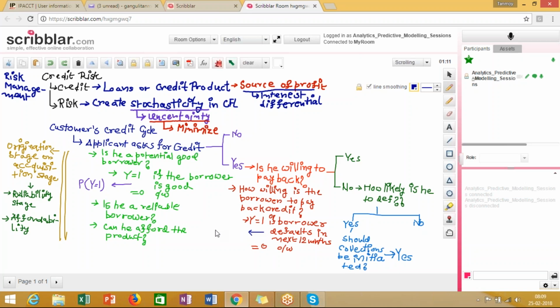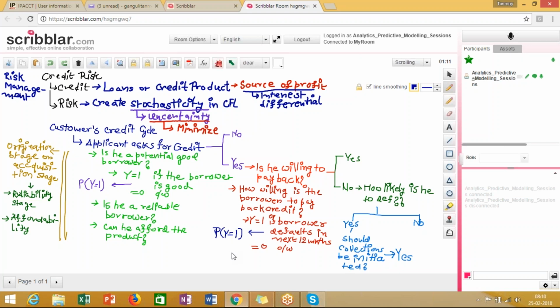so over here the probability is the probability y equals 1. So again over here, the objective is to identify the probability of the borrower to default in the next 12 months, right?